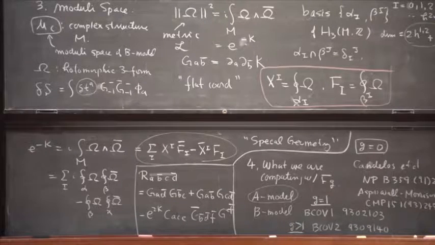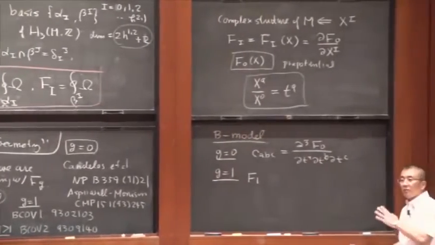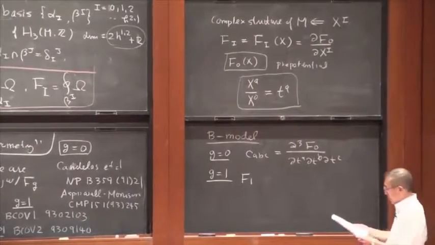Genus 1 case, so this is what we derived in this BCOV1 paper. The genus 1 partition function is not quite an integral in the target space because there is a subtle breaking of BRST invariance that I will tell you later.